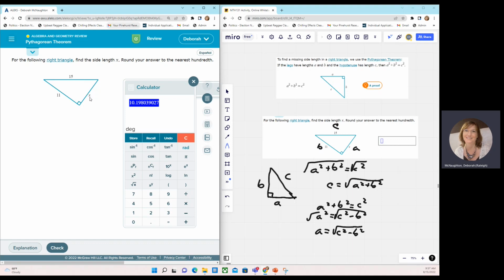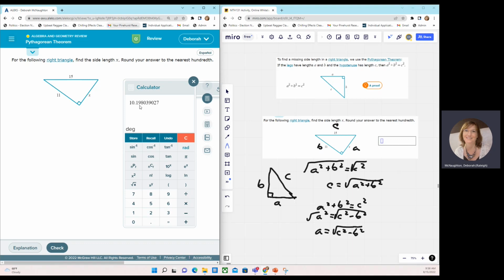This is a side, adjacent to the right angle, and the hypotenuse is the one opposite the right angle, so the side opposite will always be the biggest one. They want this rounded to the nearest hundredth, which is 2 decimal places. I like to put my mouse in between there. This 8 is 5 or more, so I'm going to round the 9 up.